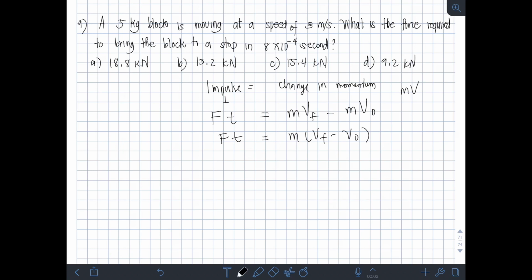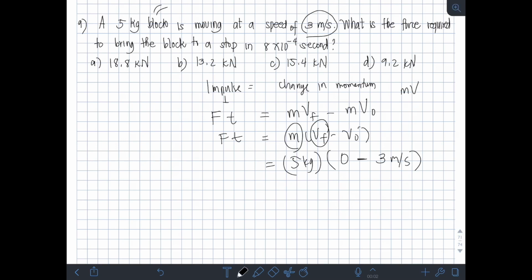So what is given? We have the mass, right? That is 5 kg. Substitute. Then, because our question is what force is required to bring the block to a stop, it means our final velocity is 0 because it stopped. Minus, what is the initial velocity? The block is moving at a speed of 3 meters per second, right? So, that is the initial velocity.